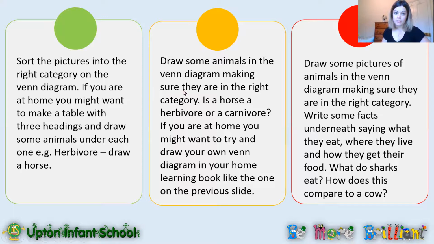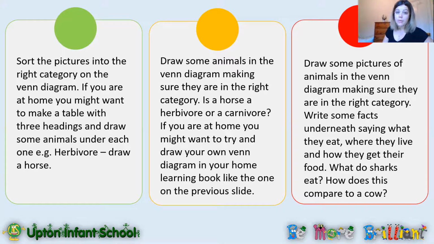Most of you might want to draw some animals in the Venn diagram, making sure they're in the right category. Is a horse a herbivore or a carnivore? Okay, so we've just talked about it being a herbivore. You might want to put some keywords as well, telling me what it eats, so that when you're comparing them, you can see why they're in different groups.